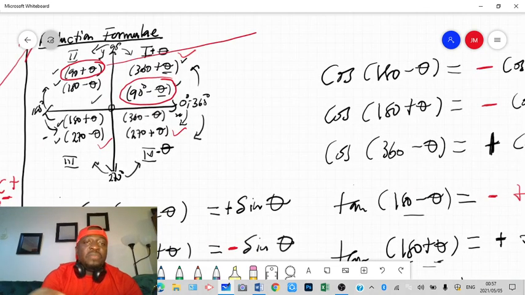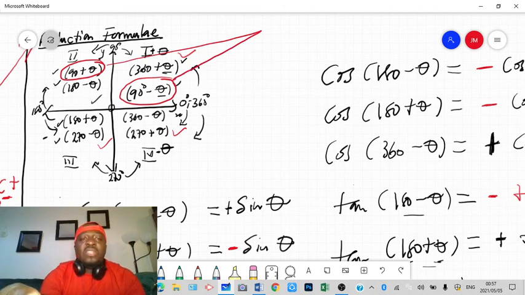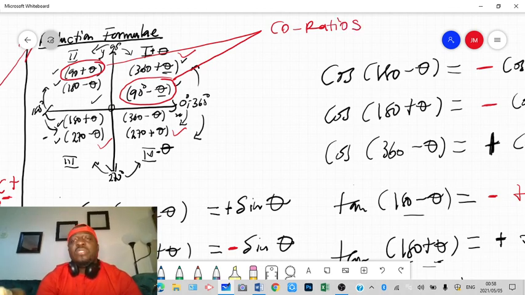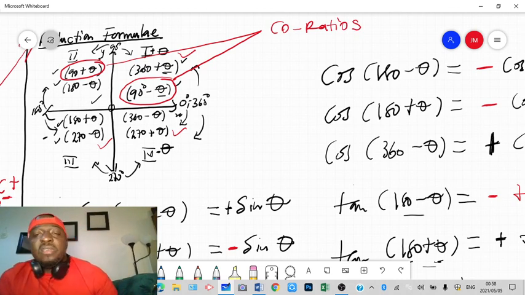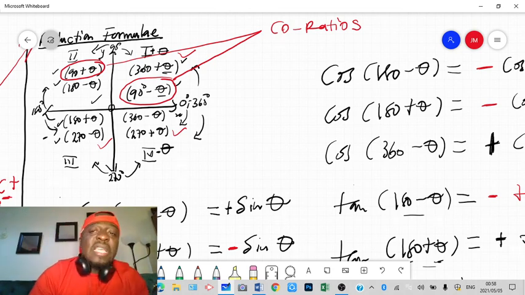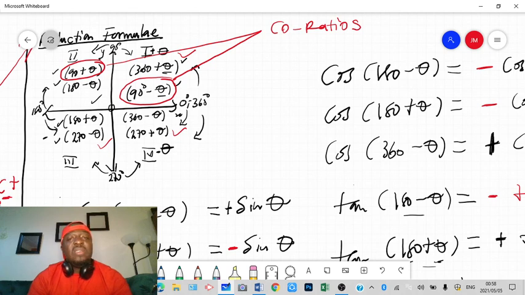Your 90 plus and then your 90 minus, which are referred to as your co-ratios. Co-ratios, they switch between sine and cos. Tan is not included. In terms of reducing them, you switch between sine and cos.